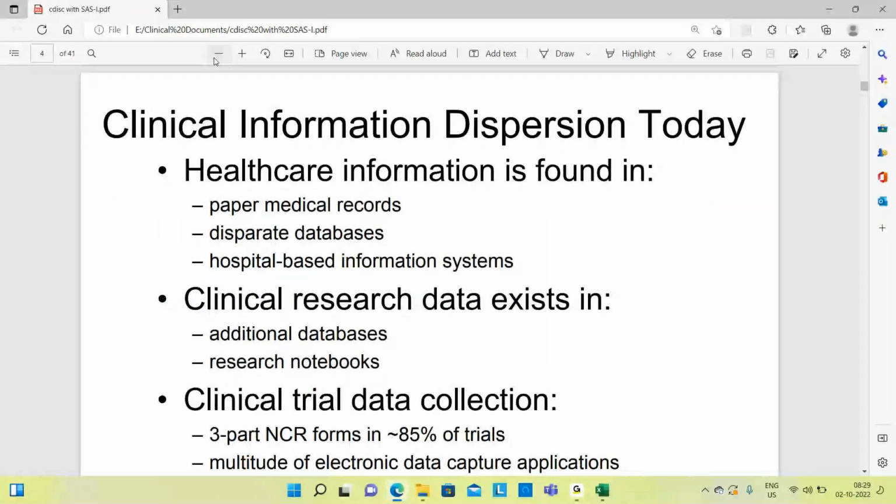Next, clinical information dispersion today. So healthcare information is provided in paper medical records. You can find healthcare information in paper records, disparate databases, clinical research information systems, hospital based information systems.